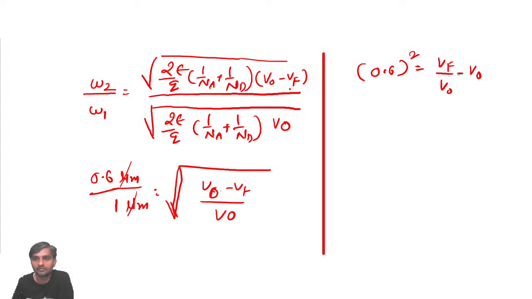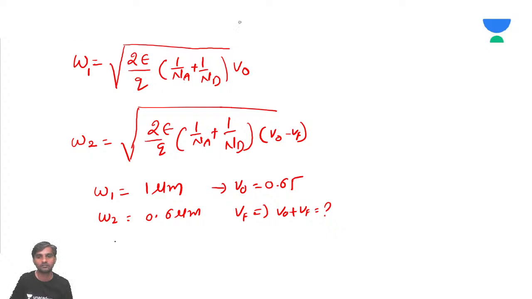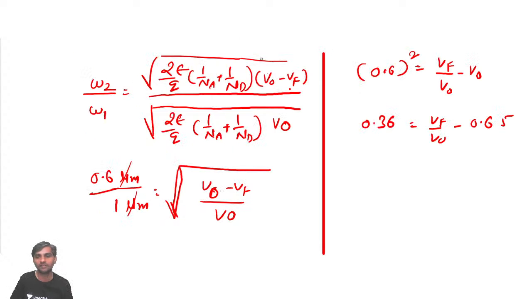Need not worry. What is 0.6 whole square? It's going to be 0.36 is equal to VF by V naught minus, this is going to be 0.65, I think he has given. How much he has given? 0.65. So if you bring it this side, let's find out what is going to be VF.